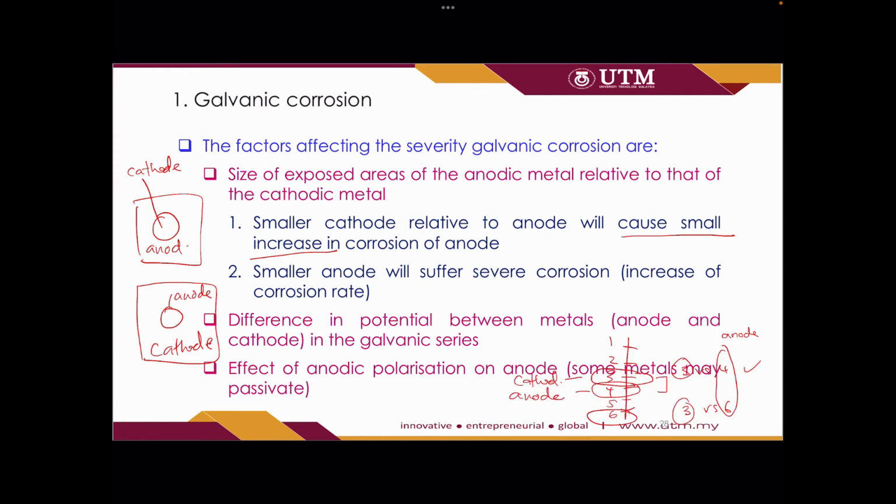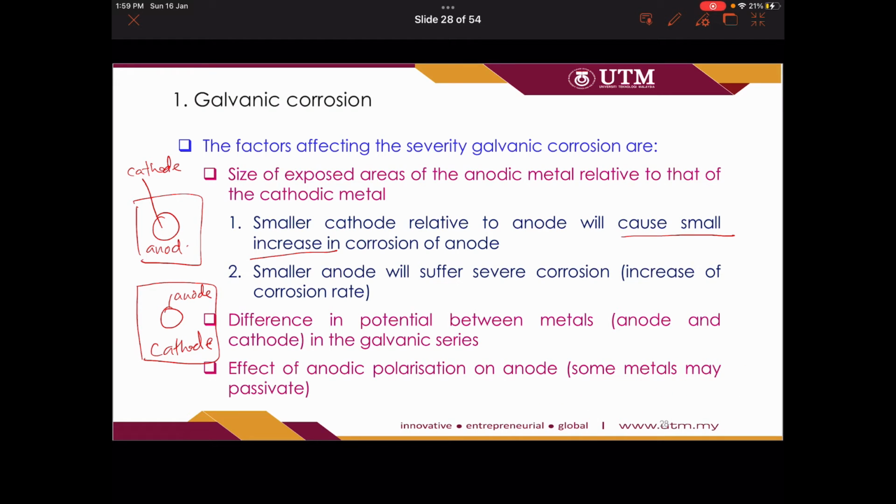The effect of polarization on the anode also influences the severity of galvanic corrosion. Some metals may passivate. Remember, if you are choosing, for example, aluminum as the anode, let's say in the series there are steel and aluminum, and aluminum is more active.